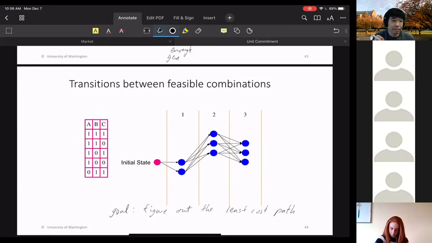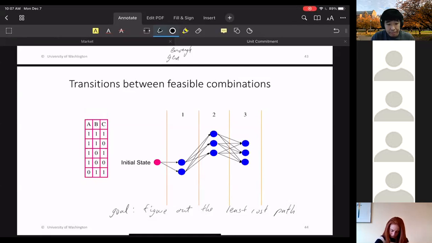So we can think of this as transitioning between different combinations of generators. And each particular transition gives us a path in this diagram. Our goal is to figure out what is the optimal path. Okay, and any questions with the idea, with the goal? Right, so we'll just do this graphically, right? So we'll basically graphically figure out the path.